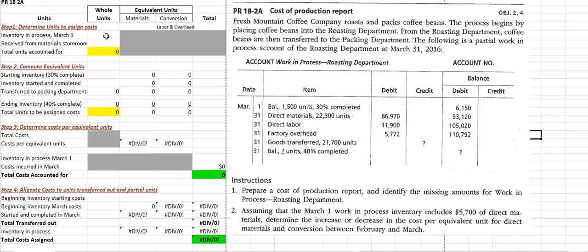That would be 100 equivalent units, right? Because 50% was done in the prior month. So that's 100 equivalent units. And you're going to see how that works as I do this problem.